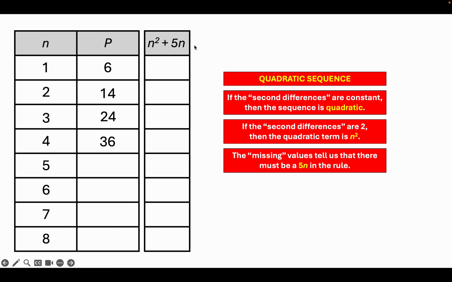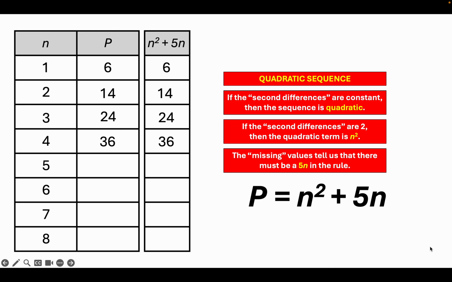Working that out: 1 squared plus 5 times 1 makes 6. 2 squared plus 5 times 2 makes 14. 3 squared plus 5 times 3 makes 24. And 4 squared plus 5 times 4 makes 36. Those are the numbers we want, so the rule must be P equals n squared plus 5n.